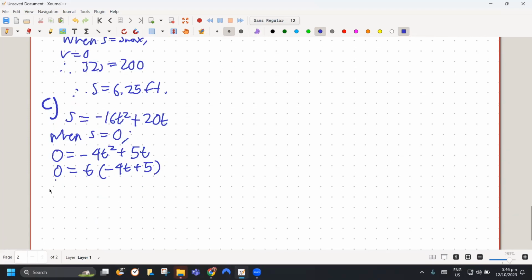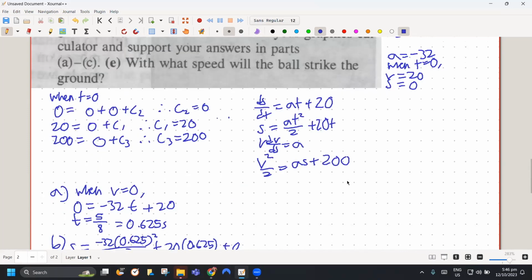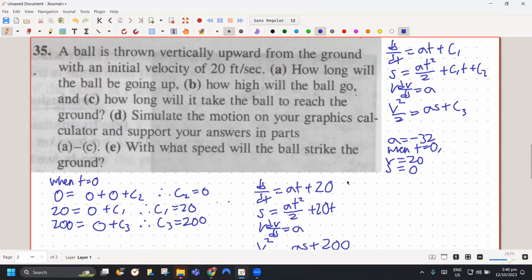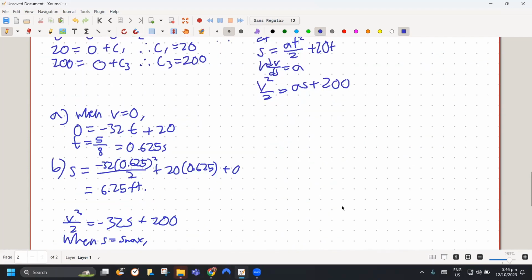So, from there, lalabas na yung solutions na T equals 0 or T equals 5/4. Okay, ngayon, bakit hindi T equal? So, yung T equals 0, yan yung initial. So, ang kailangan natin T equals 5/4. Yun. So, yan, makukuha natin. That's actually twice nung yung sa A. Di ba?